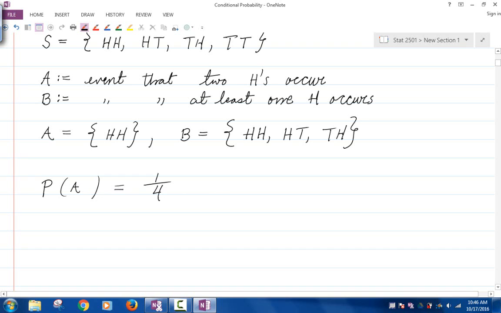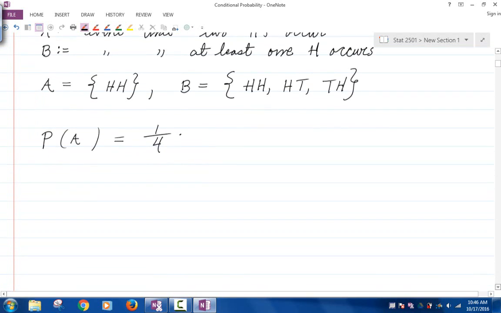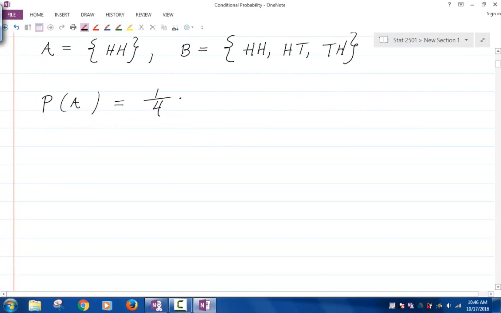I have a sample space consisting of equally likely outcomes and a finite sample space, so the probability of A is the number of elements of A divided by the number of elements of the sample space, which is 1 out of 4. Is everybody okay?